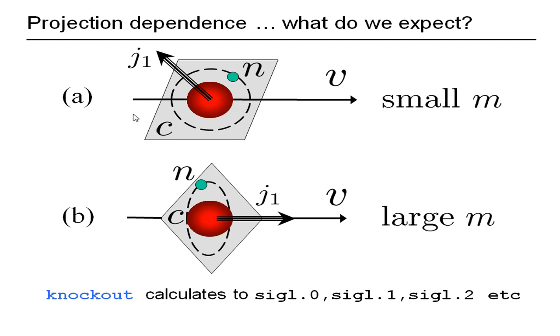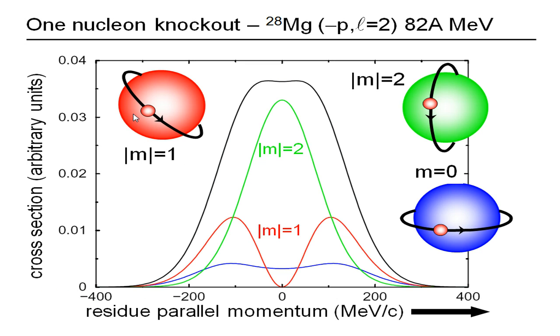Whereas if they're orbiting in this plane, so that the projection is at right angles to the beam direction, they'll have large components of momentum in the beam direction. So that follows through to an expectation. Once again, these are calculated using the codes we've got here.